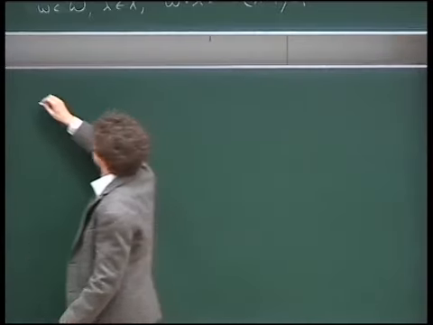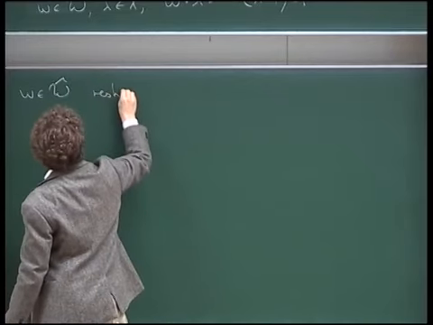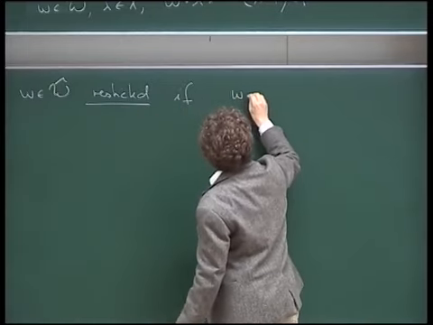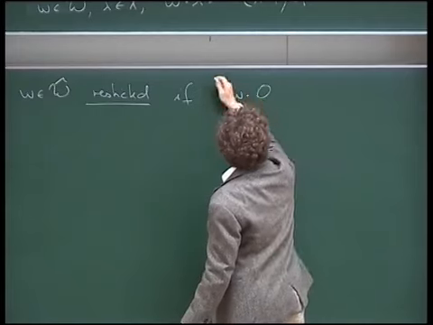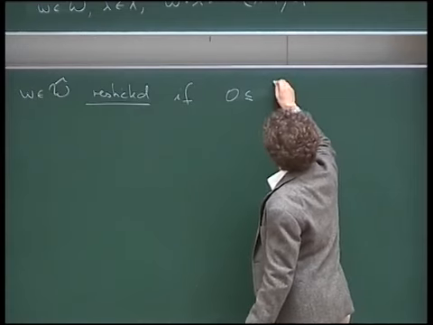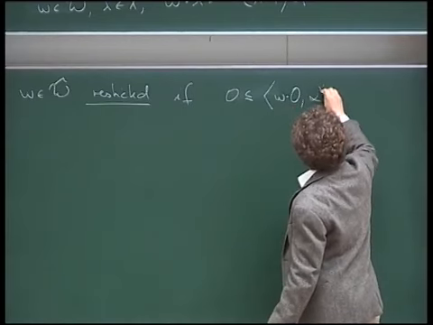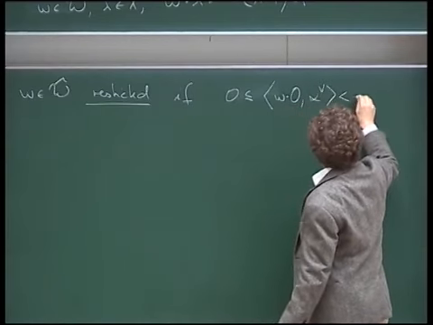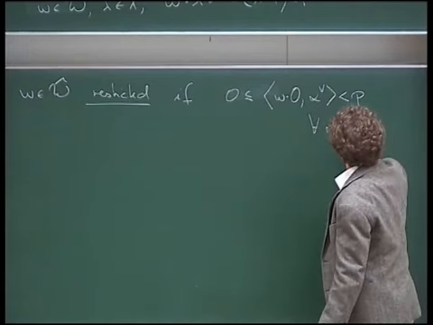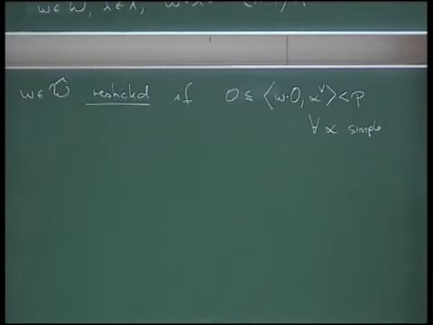And let's call W restricted if 0 is smaller or equal to W dot 0 evaluated at alpha check and still smaller than P for any simple root alpha.